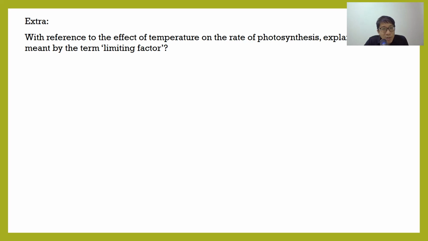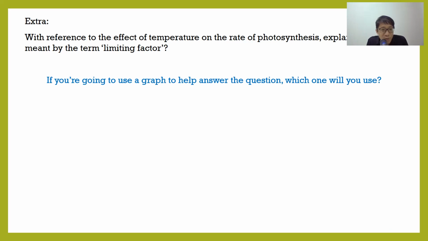In this question, what happened was when the students did this question last time, most of them failed it. Why? Because most of them only talked about temperature. Imagine you draw a graph to help you answer this question. What kind of graph will you draw?